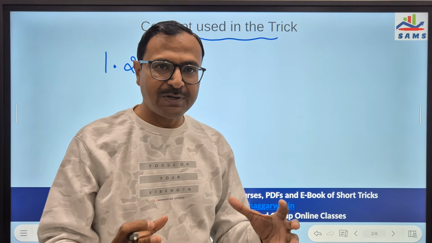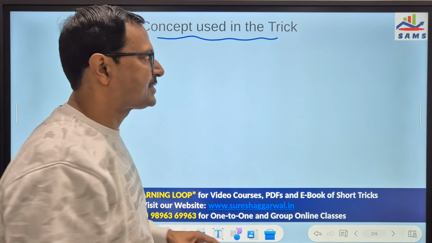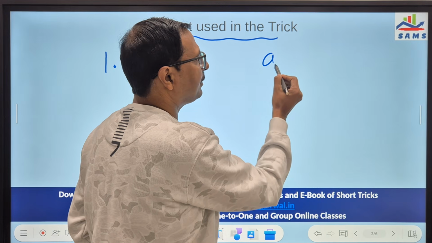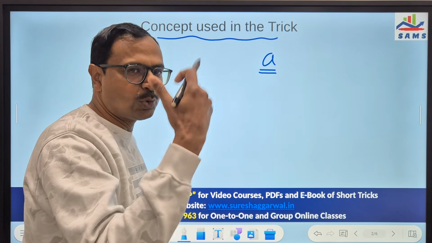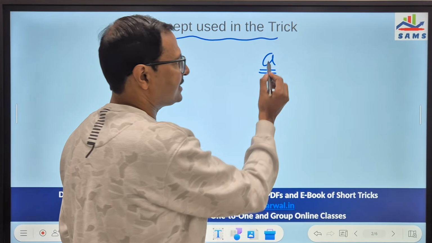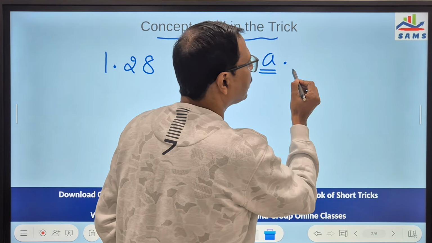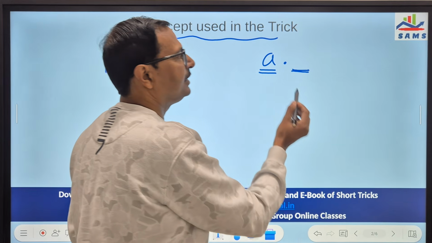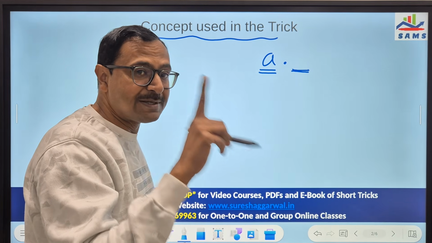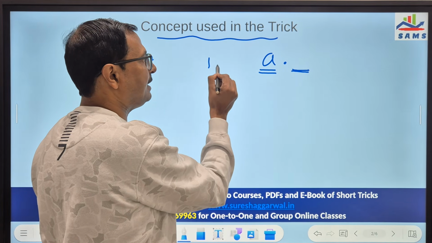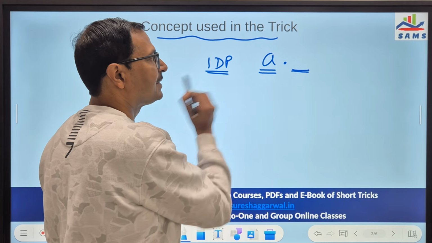So the first concept you should know is, whenever you have some number a, it can be like 1 digit, 2 digit, 3 digit, whatever, that is the whole number part, then the decimal, and then you have only one digit after the decimal, one decimal place. So I am talking about 1 dp, one decimal place.